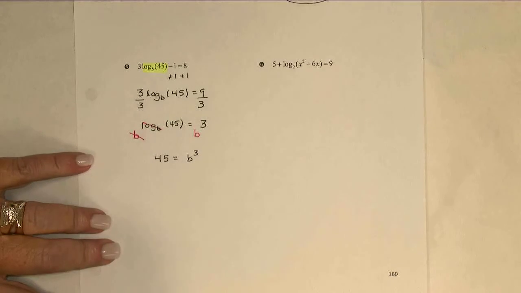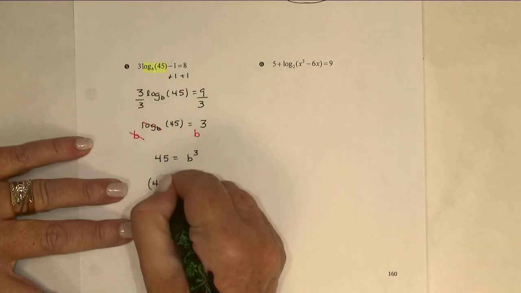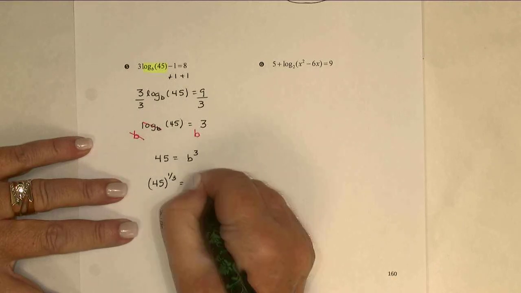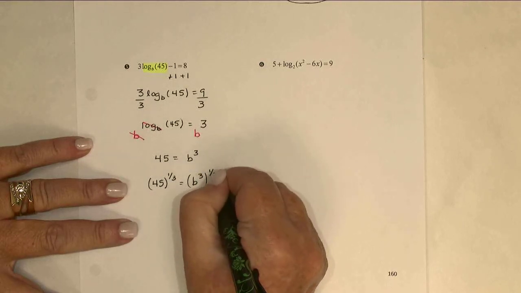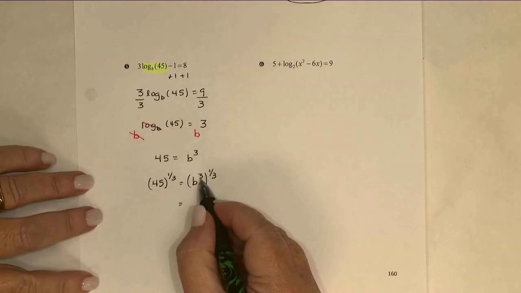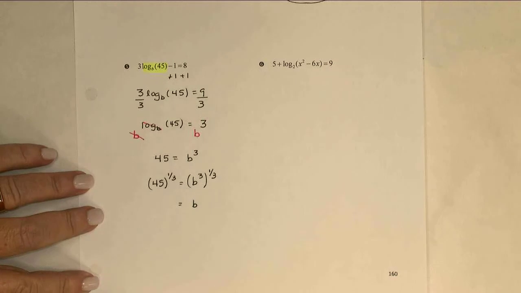To solve for b, I can take the cube root, or sometimes we like to think of it as the 1/3 power on both sides. And we know that multiplying those exponents is just going to give us b to the first, or plain old b.